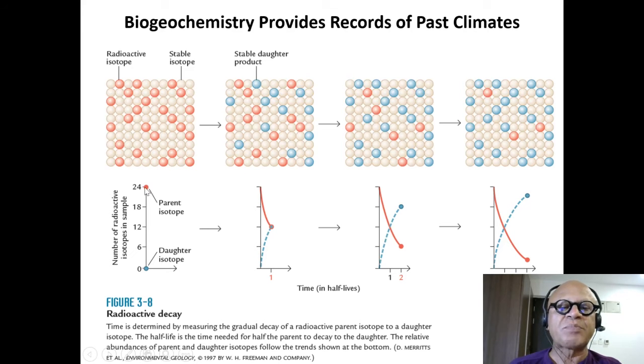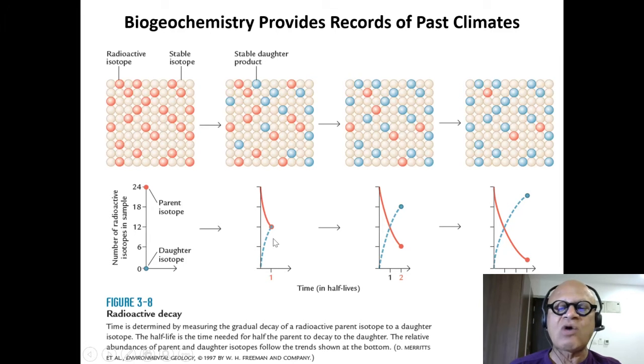So you start with the parent isotope, which is radioactive here at, let's say, 24, and there is no daughter isotope when you begin. And as the parent isotope decays, the concentration of the daughter isotopes begins to increase, and that continues. And the point where they meet is one half-life, and then 2 half-lives, 3 half-lives, and so on.